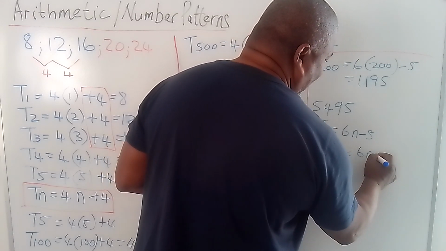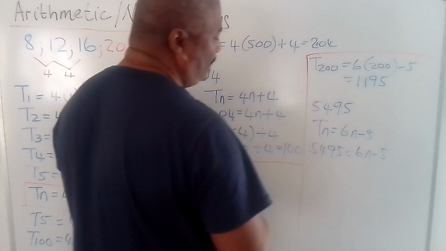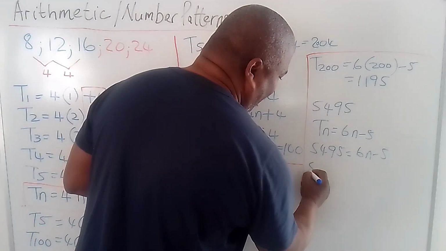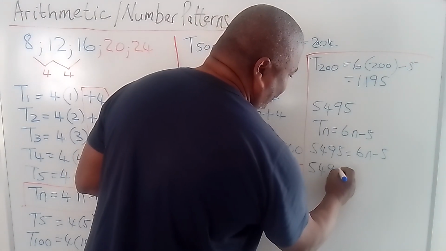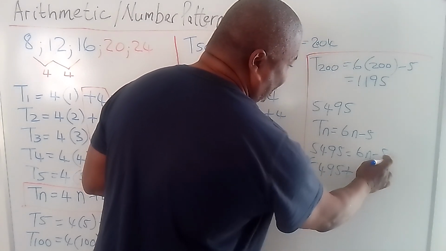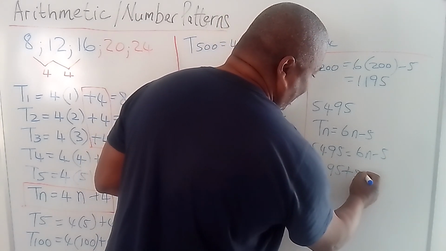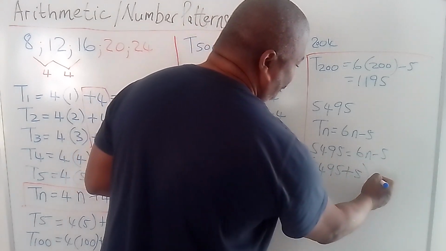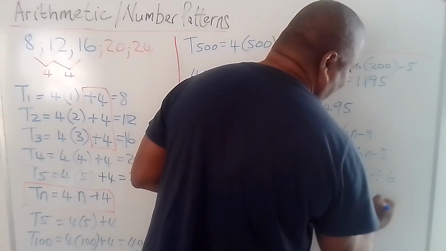And then remember that this is times 6, so now we divide by 6. Our answer is 6,000 divided by 6, which is equal to 1,000. So our nth term is 1,000.